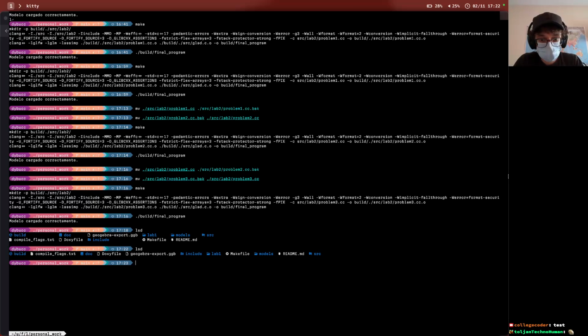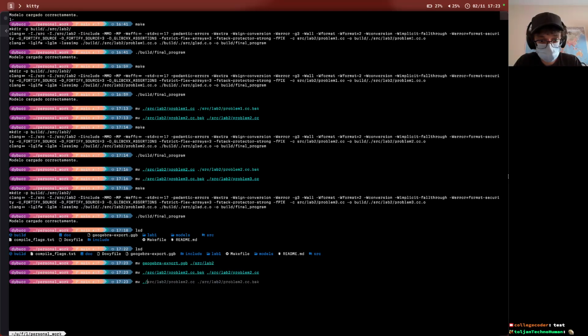Let me go ahead here and move this GeoGebra export to source lab 2. And let me move this back to being full-on problem. Lab 2, problem 3, problem 4 is going to go back to being problem 4.cc.